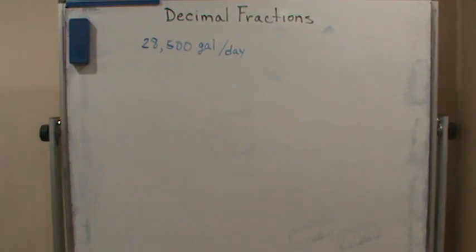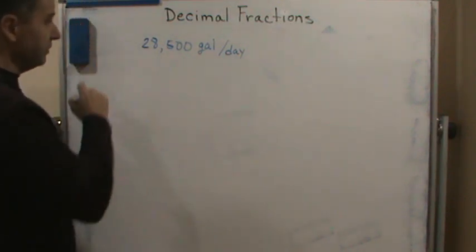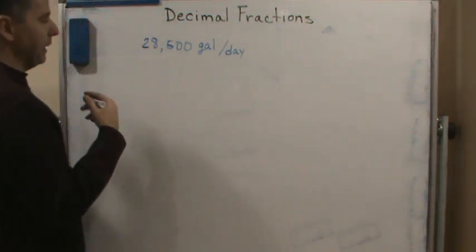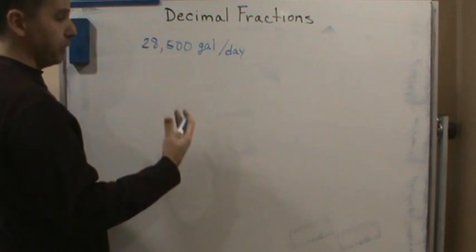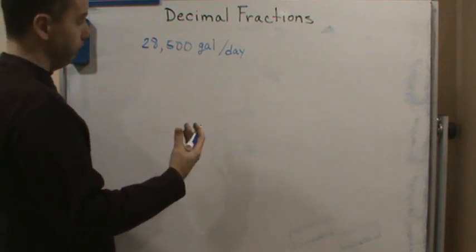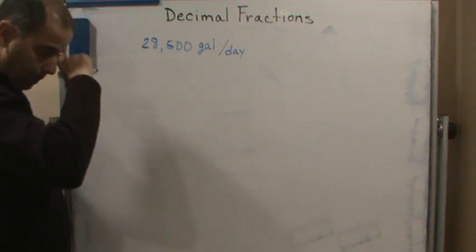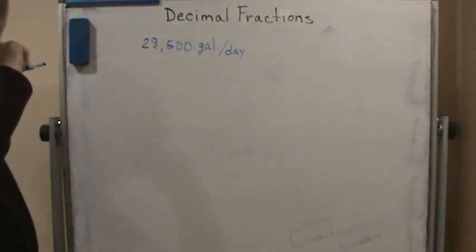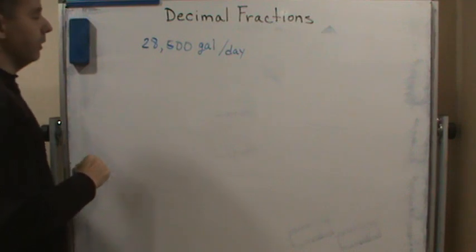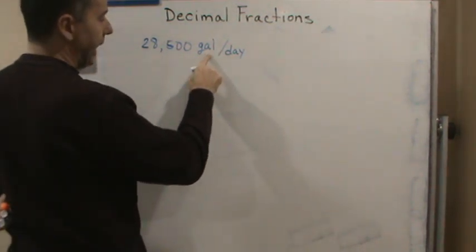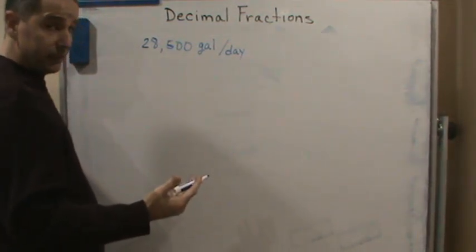And what we need to do is convert that to millions of gallons per day. Okay, well, how do we do this? Well, we want this to be in terms of millions of gallons per day. So how do we do that? We need to change this from gallons to millions of gallons.